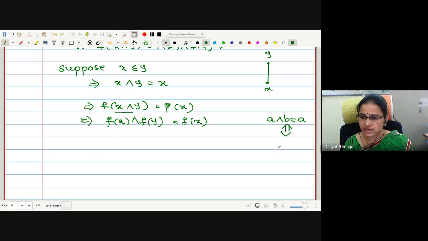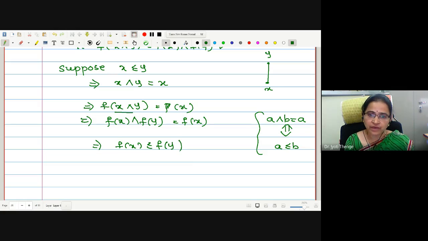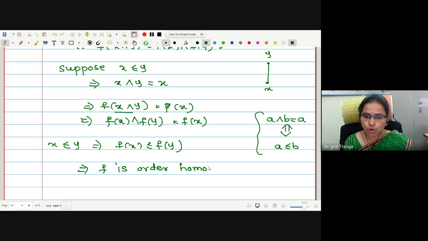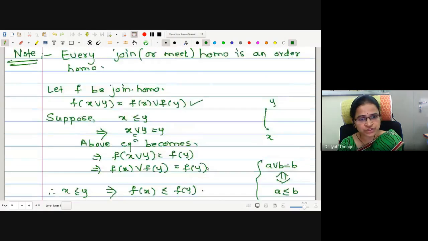Which is implied by and implies A precedes B. Therefore, what situation are we getting? f of x precedes f of y. Therefore, this gives us x precedes y implies f of x precedes f of y. Hence, f is an order homomorphism. Okay, understood the definition?